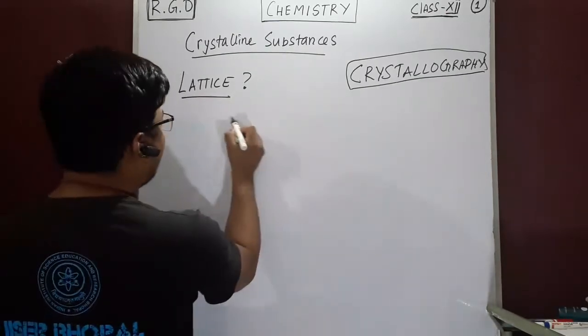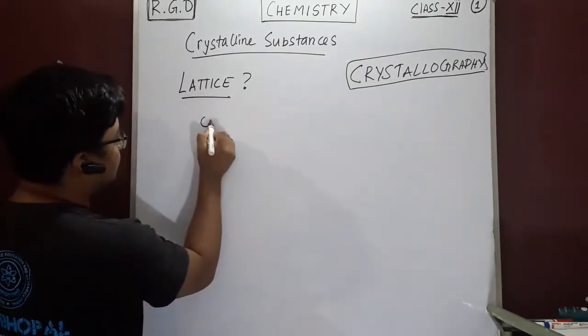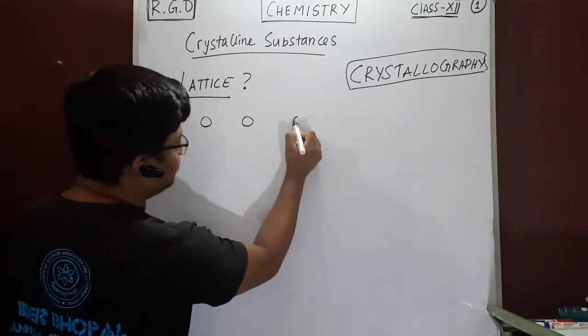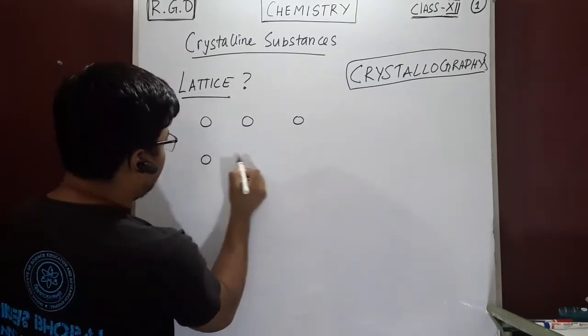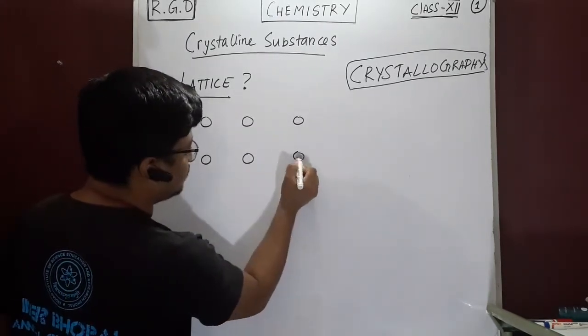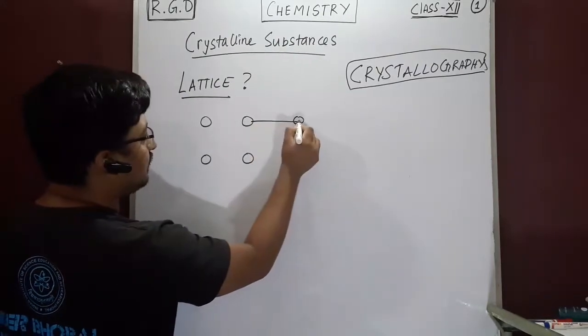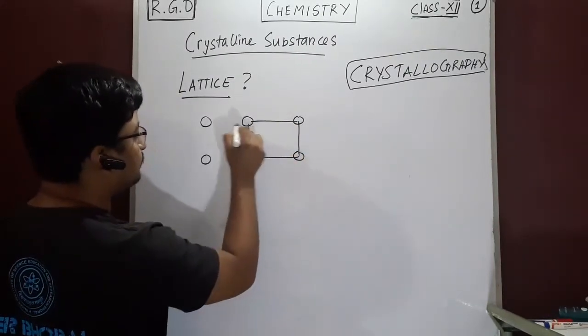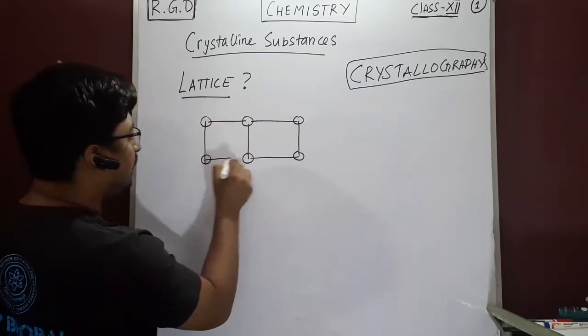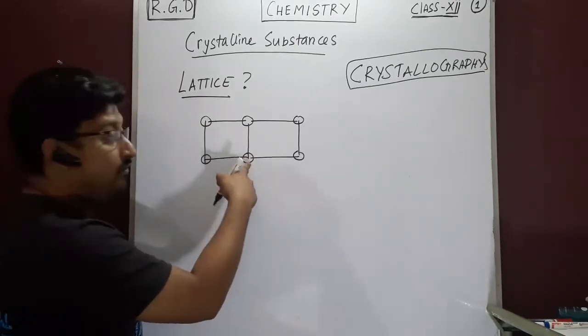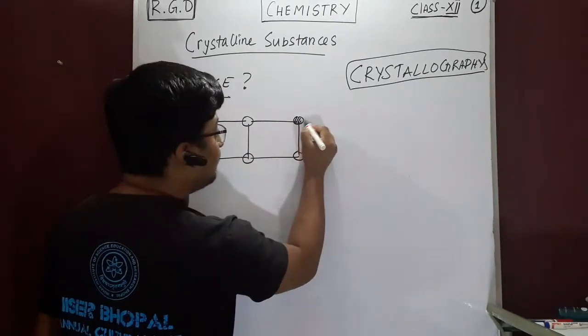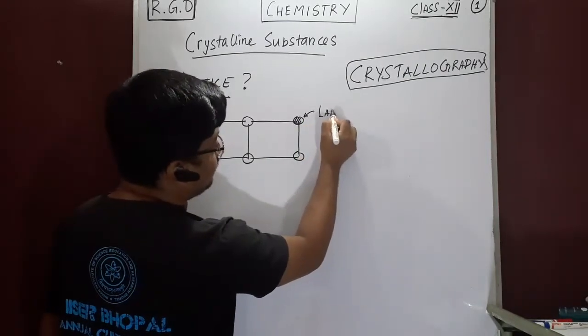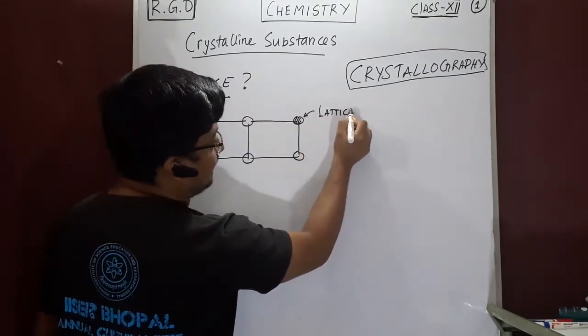How will you represent it? It is represented by atoms and their connections. These atoms or points are known as lattice points.